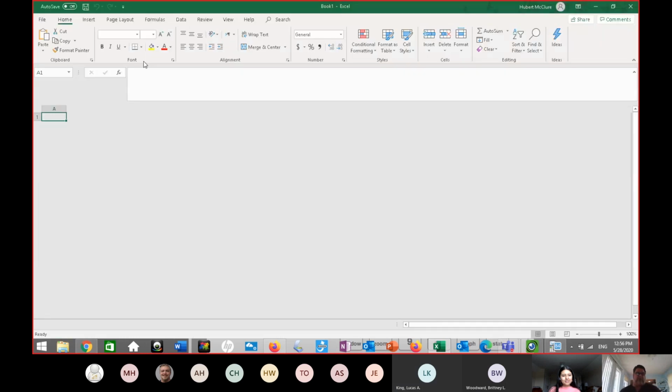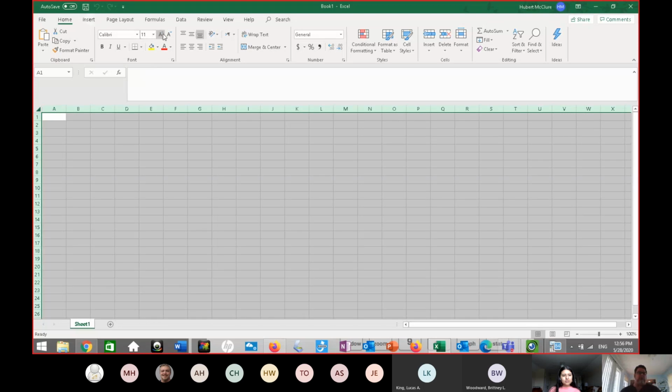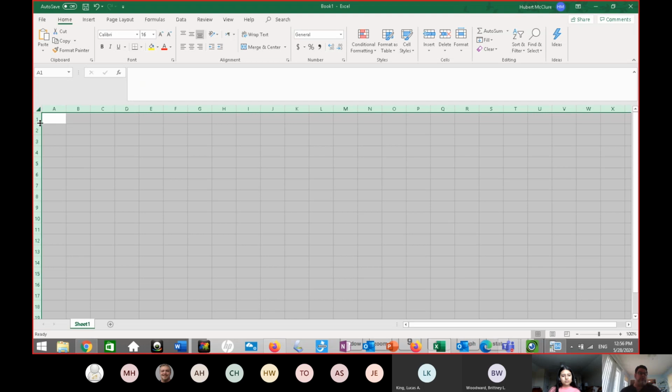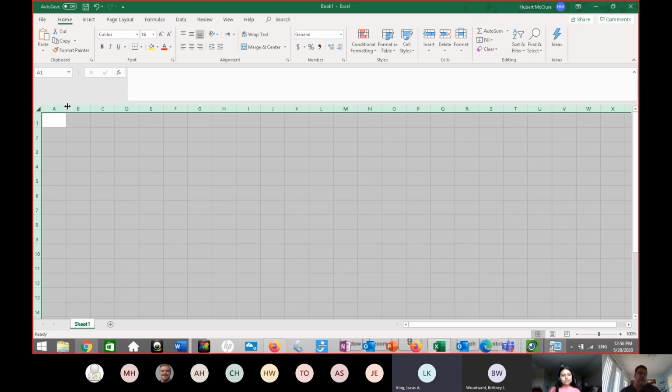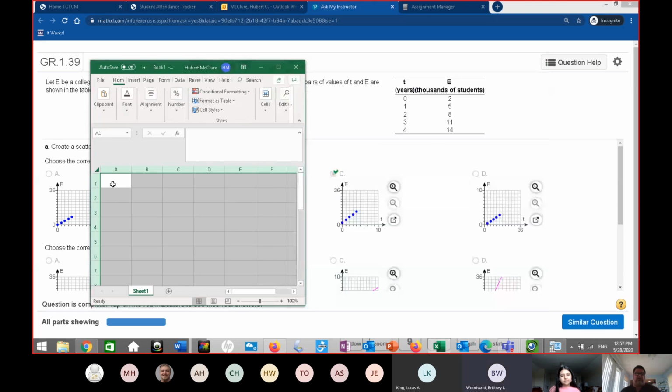So if you've got an Excel spreadsheet, let me go ahead and make it a little bit bigger so y'all can see what's going on. Increase. Y'all should be able to see my spreadsheet. Yes, sir. Okay, all right, I'm going to put those numbers in. Usually they give you a little tab where you can just move them over, but they didn't do that here, and I'll show you that in just a minute.